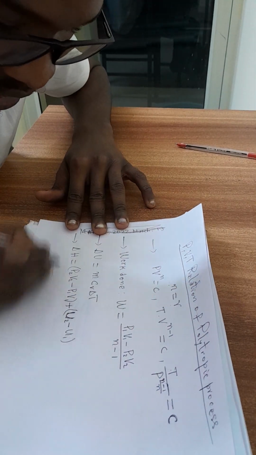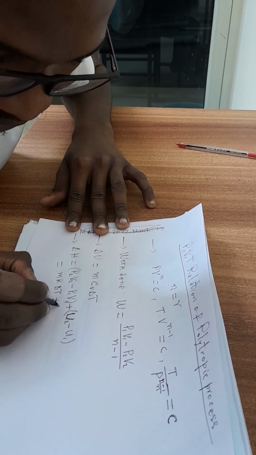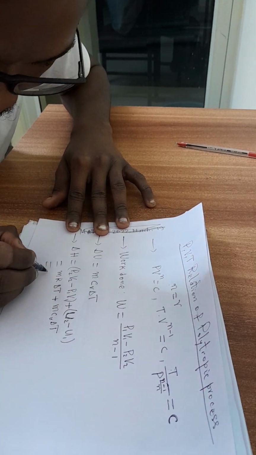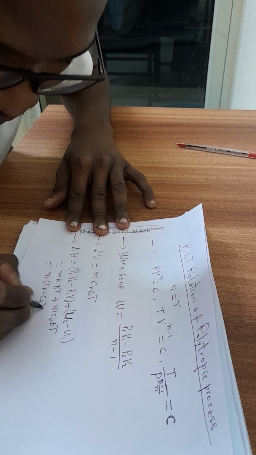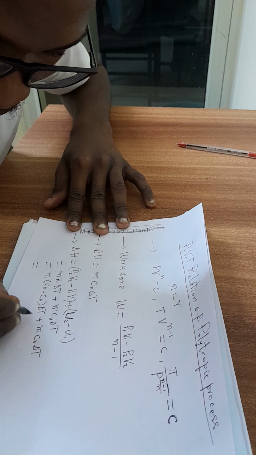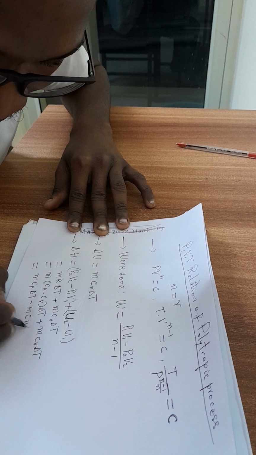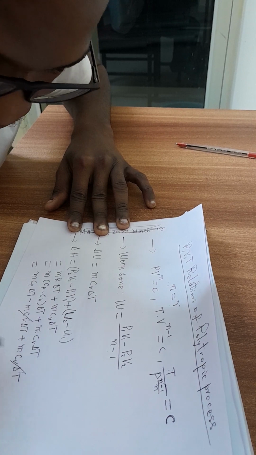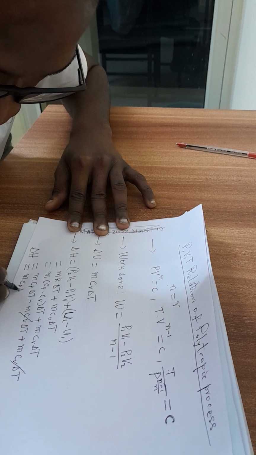Then you get mR delta T plus mCv delta T, the same equation as we have already found. R is Cp minus Cv, so mCp delta T minus mCv delta T plus mCv delta T. This and this will cancel out, so change in enthalpy will be only mCp delta T.